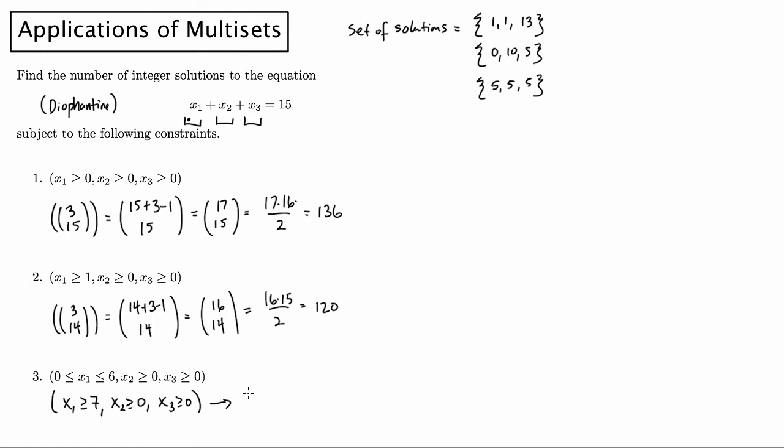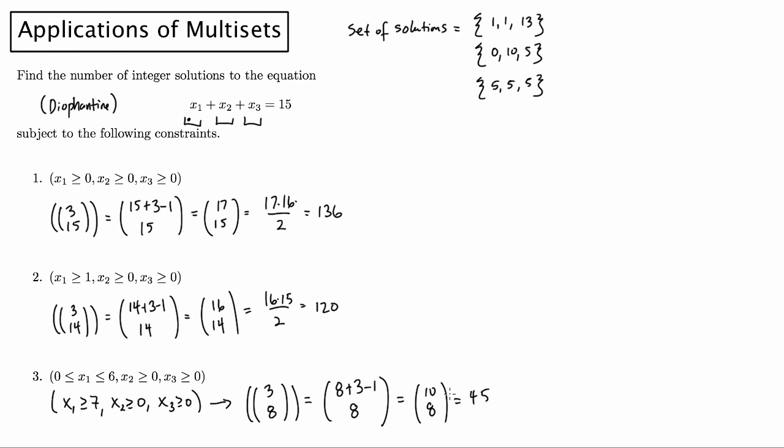And so if I'm distributing 8 marbles, this is essentially 3 multi-choose 8, which is 8 plus 3 minus 1, choose 8, which is 10 choose 8. And 10 choose 8 is 45. Yeah, 45.